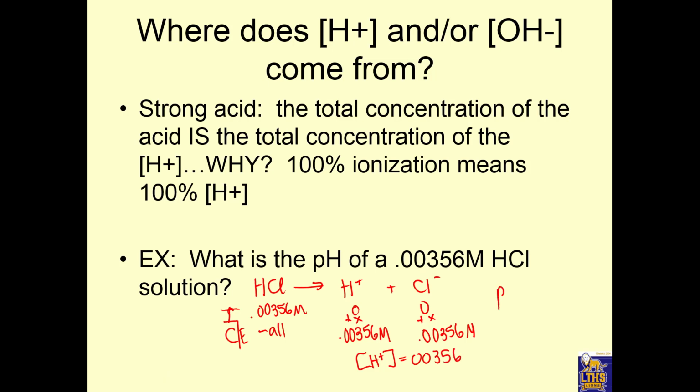So what's the pH of the solution? pH equals negative log of 0.00356. And we get a pH of 2.45. So this is an acid. Make sure you know that it's an acid and that it's a strong acid. So it completely, all of this turns into hydrogen ion.